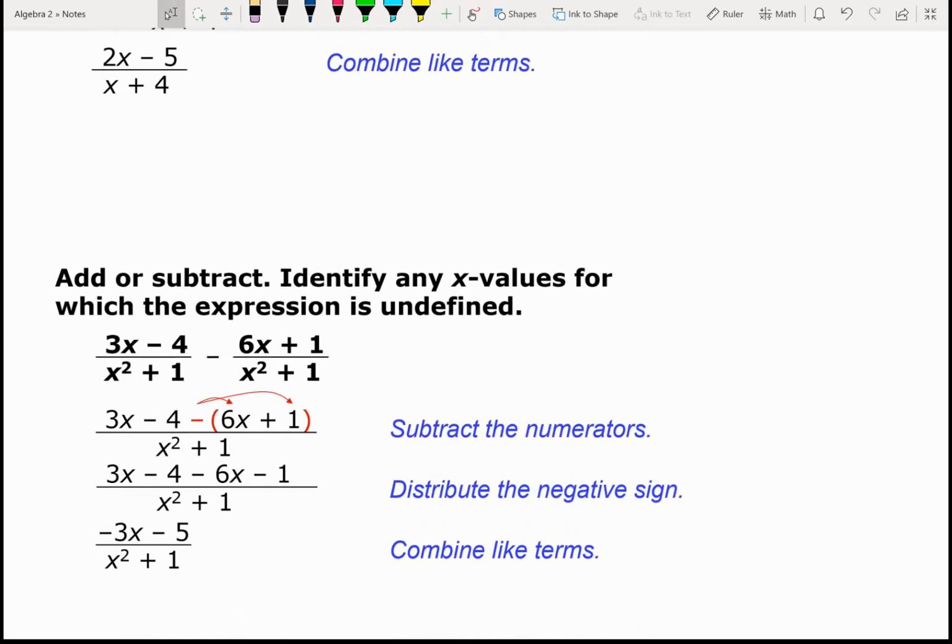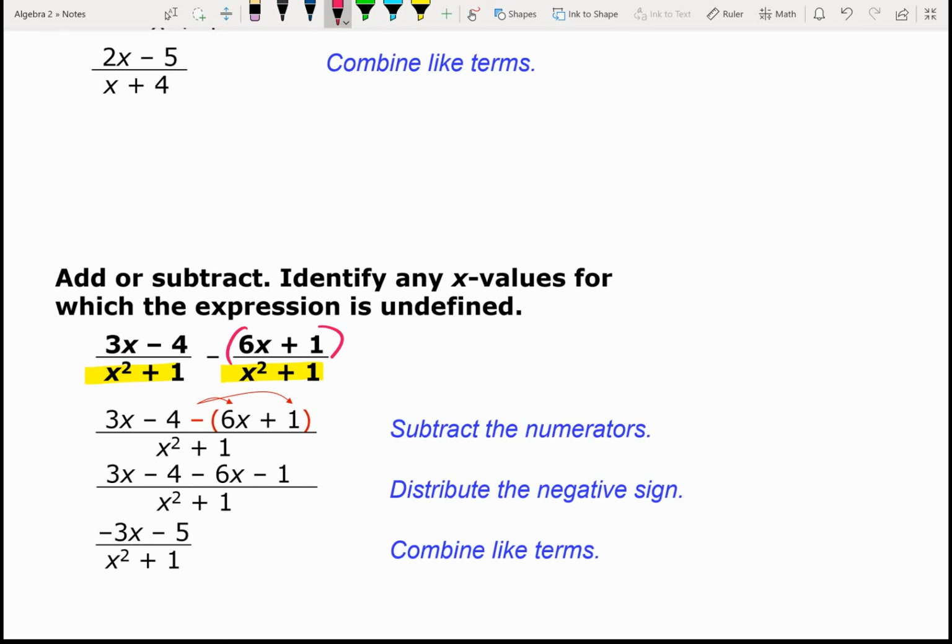Subtracting is no different other than the fact that we have to remember to distribute the negative. So here I have x squared plus 1 in the denominator and x squared plus 1. So I can just subtract what's in the numerator. Okay, I need to remember though, put parentheses around the 6x plus 1 because I'm subtracting. So I need to make sure I distribute the negative to the 6x and 1.